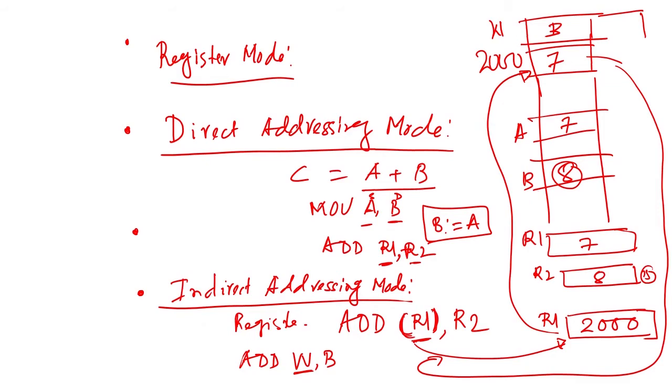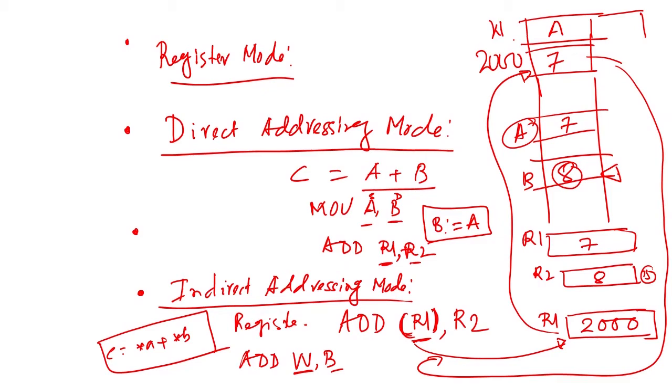So, W will go here and B will point here. Let us say A is 7, and then 7 will be added with the content of B and stored in location B. It is like the example I said, A equal to A star B. So, this is an example of indirect mode.